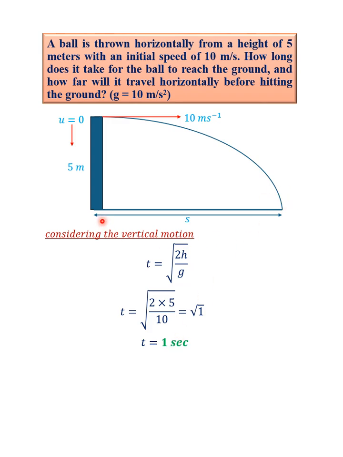Let us now look at the horizontal distance s. The distance is horizontal, so we need to consider the horizontal motion. So, considering the horizontal motion, we know that it is a horizontal motion at a constant speed. Constant speed means the acceleration horizontally is zero.